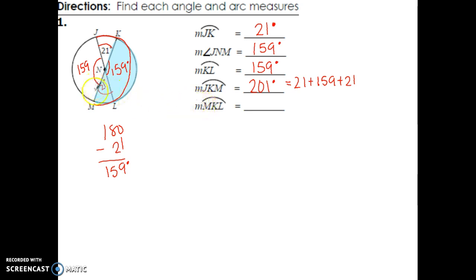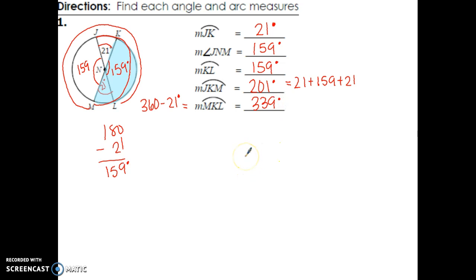And then for MKL, it's actually this whole thing, MKL. So we're not actually using this 21. So if the entire thing is 360 and I'm not needing that 21, I could just say, well, the entire thing is 360. I don't need those 21 degrees. So I just subtract it from 360 and I get 339 degrees.